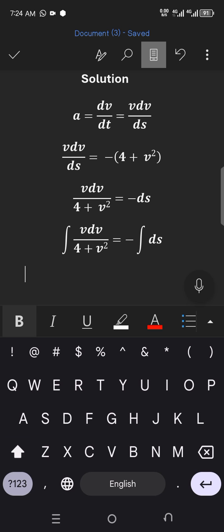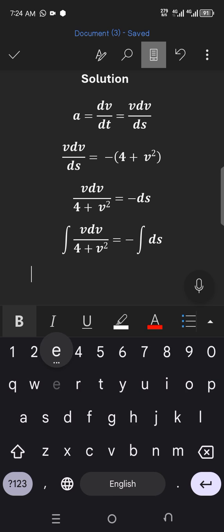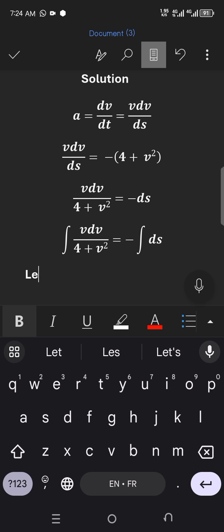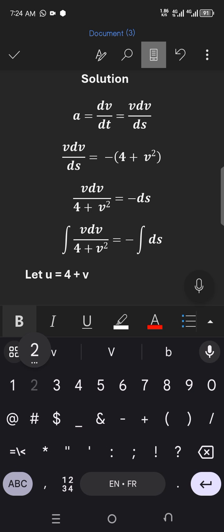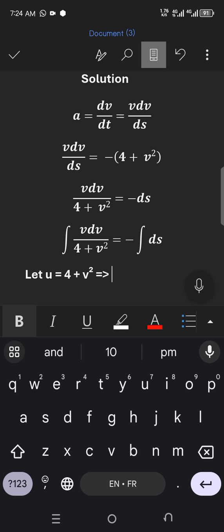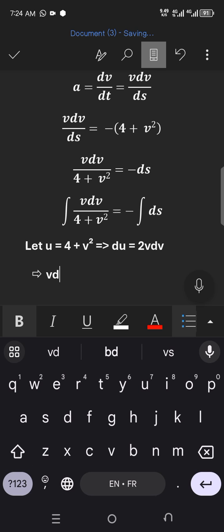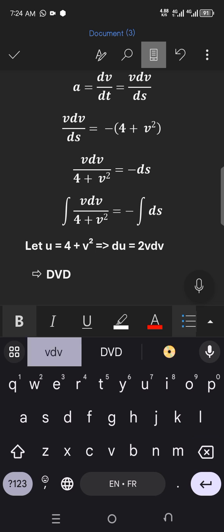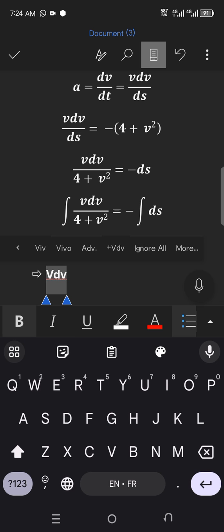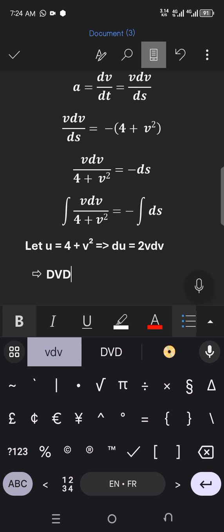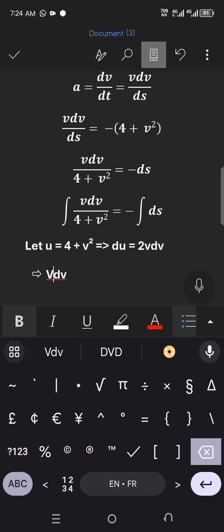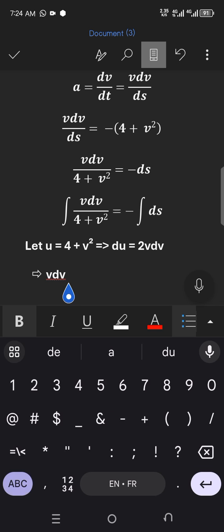Now the left hand side, we can identify that if we let u be equal to 4 plus v squared, then du will give us 2v dv, which now means that v dv will clearly be equal to du divided by 2.